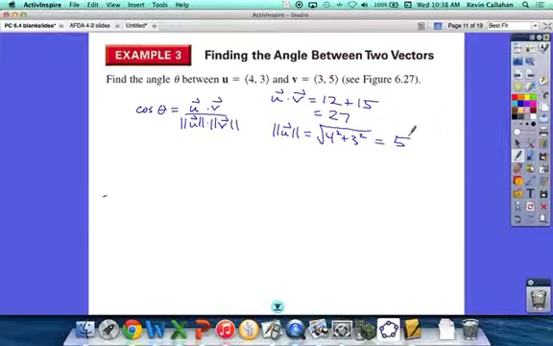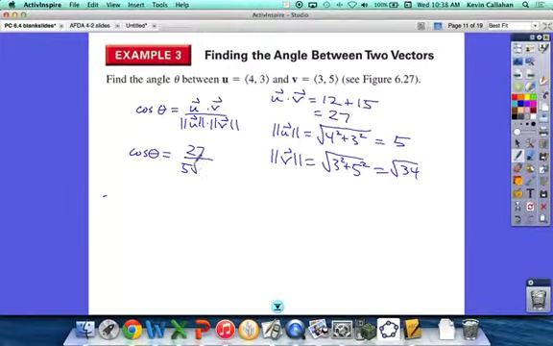And the magnitude of v is the square root of 3 squared plus 5 squared, which is what, 34? So those are the three things we have to plug into our formula. Cosine of theta equals 27 divided by 5 times the square root of 34.